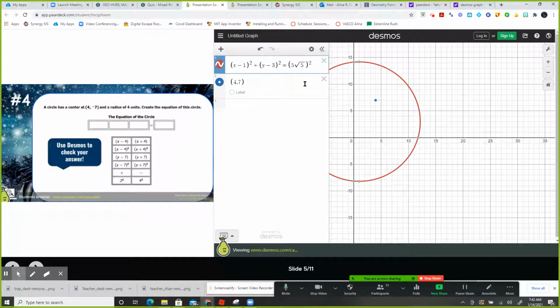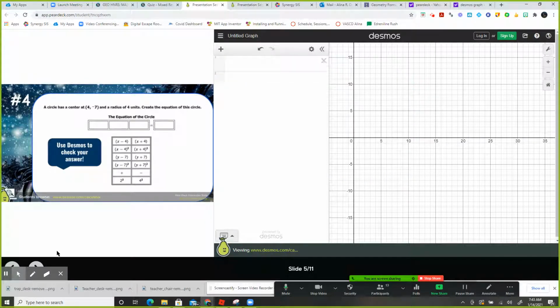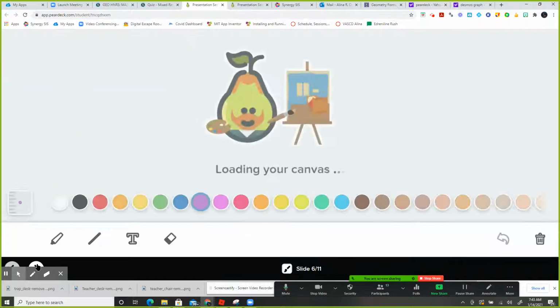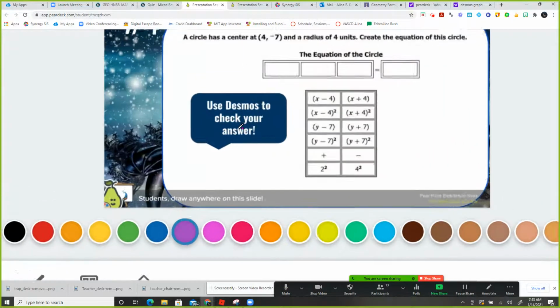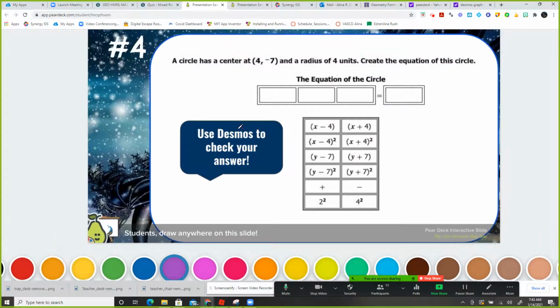So in Desmos, when I do it in the Pear Deck, it saves everything here. So you can type these in if you're not quite sure and just change out whatever's in your Desmos. Or we can come over here and just look at the pattern. So if I want a circle with center at (4, -7), I need a -4 in the equation, right?